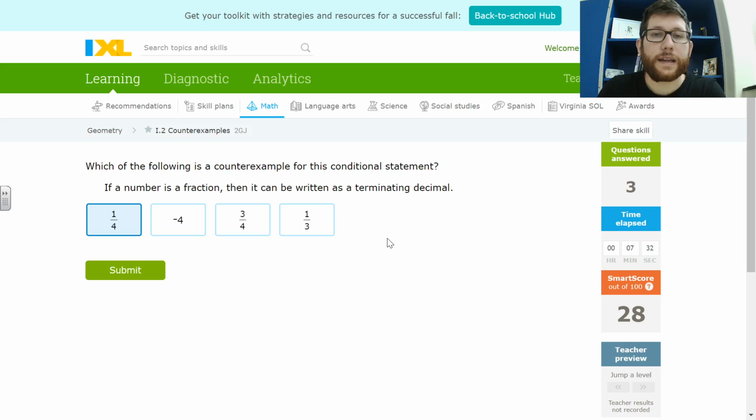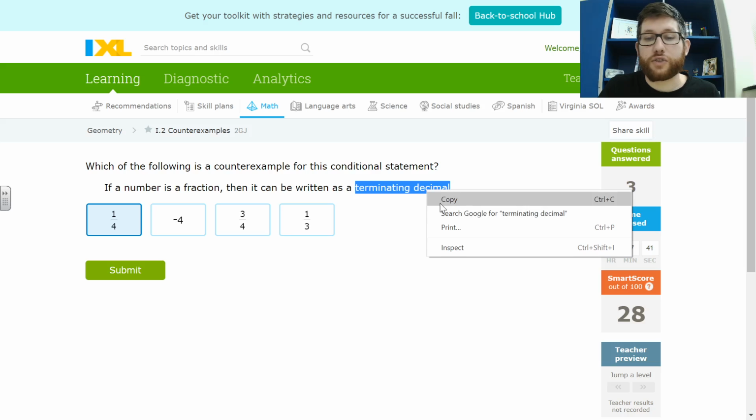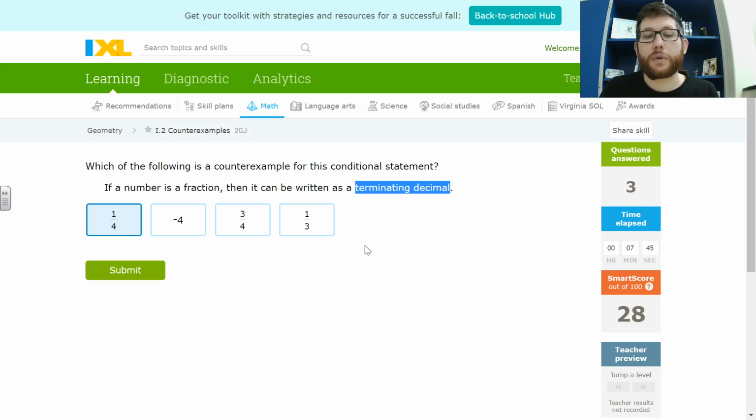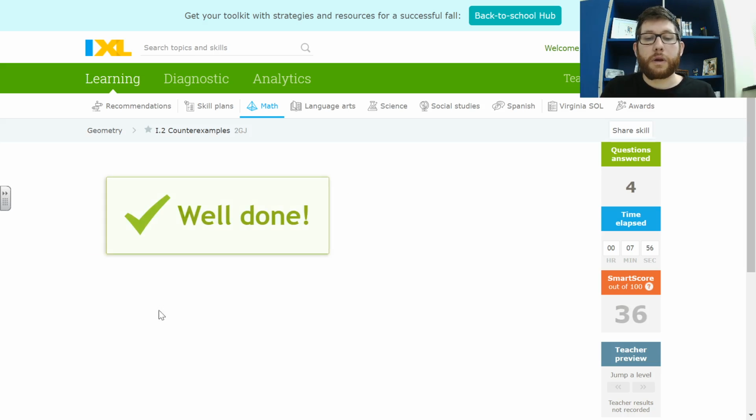A terminating decimal means that it has an end. If you weren't sure what this means, you can just copy it, right click, and search for terminating decimal, and Google will remind you what a terminating decimal is. If I plug these in my calculator, I get 0.25, 0.75, and this is 0.3 repeating. This one is not a terminating decimal, so that would be my right answer.